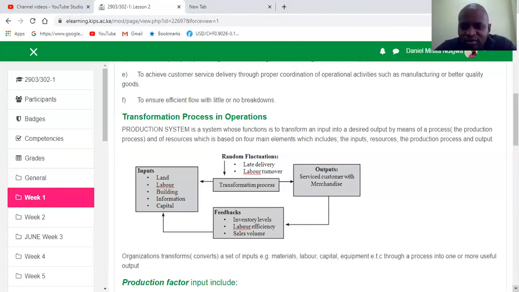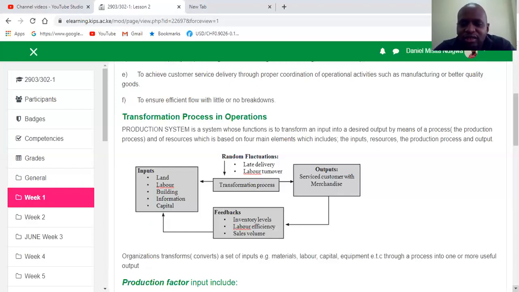The other component that is very key is feedback. Feedback, basically, you receive from external stakeholders, like your suppliers, your customers, the general public. And this might include feedback like inventory levels, labor efficiency, sales volumes.